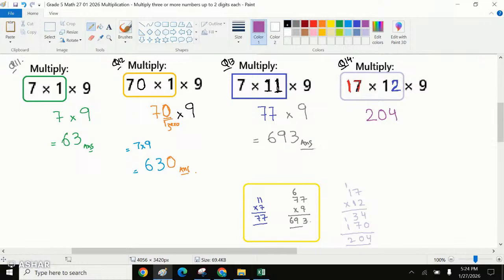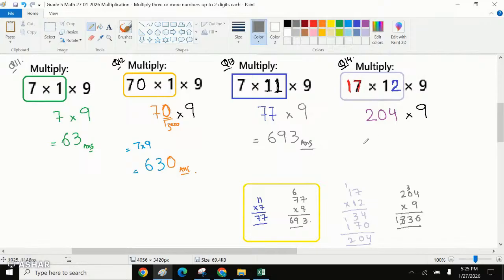204. When 204 is multiplied by 9, 9 times 4 is 36. We put the 3 on the tens. 9 times 0 is 0. 3 comes. 9 times 2 is 18.